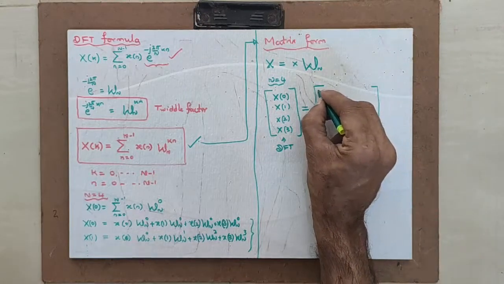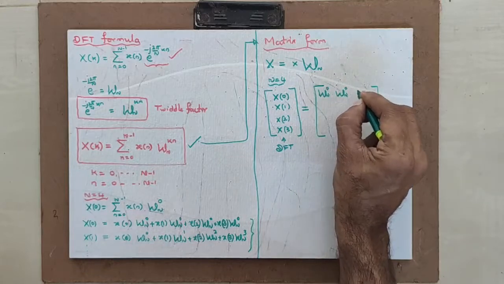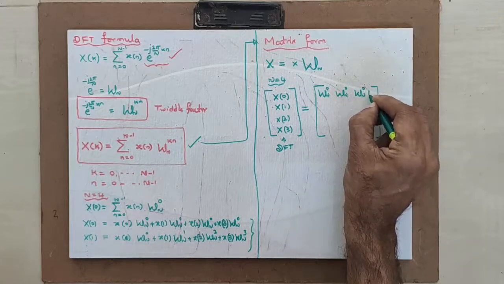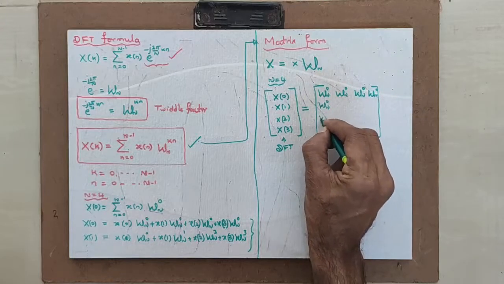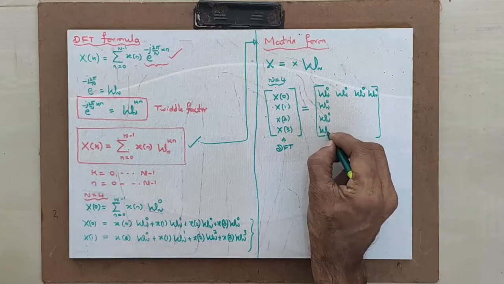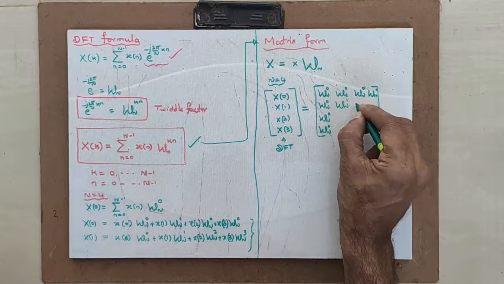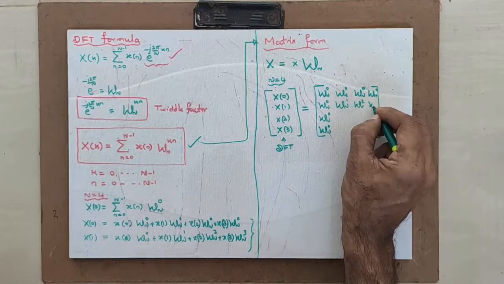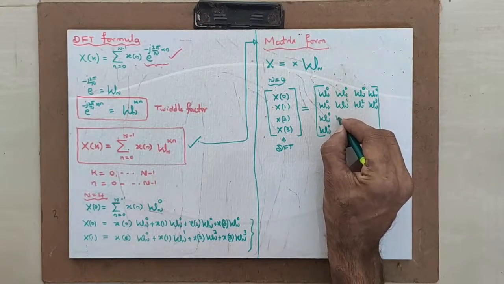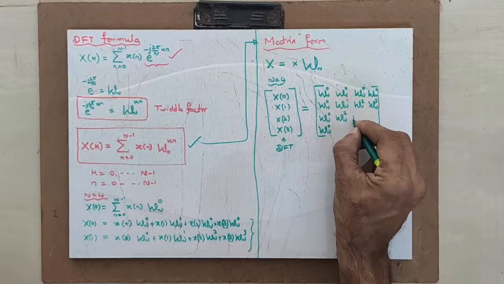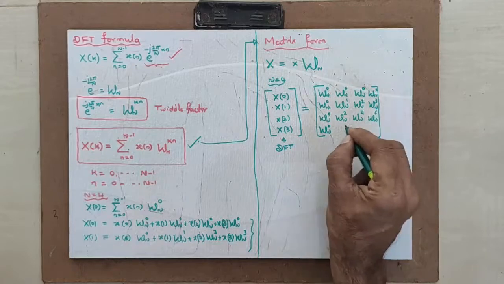How to write this? Wn 0 Wn 0 Wn 0 Wn 0. Similarly, the first column also Wn 0 Wn 0 Wn 0. Next, Wn1, Wn2, Wn3. Next, Wn2, Wn4, Wn6.